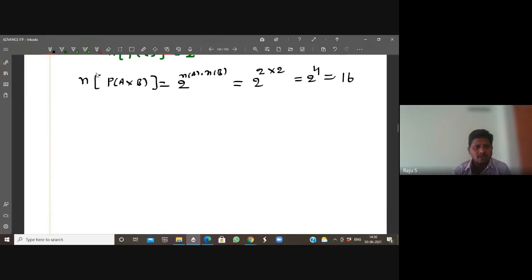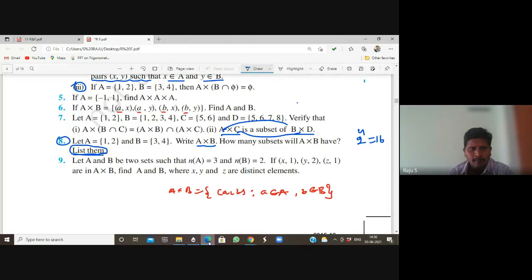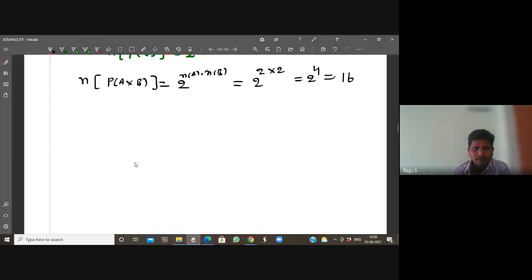Right, I'm going to write the number of subsets. Shall we start? So what are the subsets? The subsets I'm going to write here.